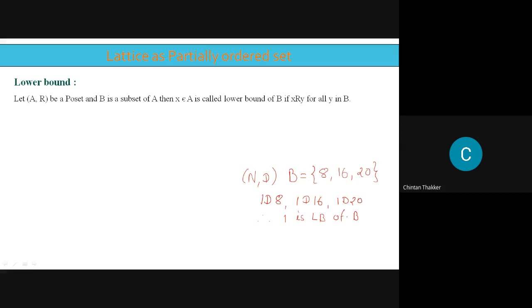Now, in a similar way, 2 also divides 8, 2 divides 16, 2 divides 20. Okay, so that means 2 is also a lower bound.